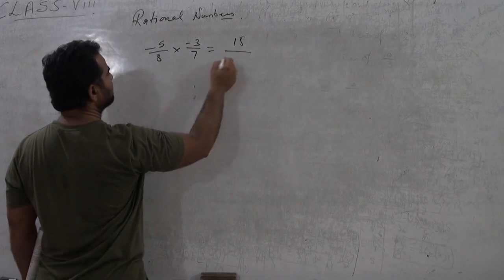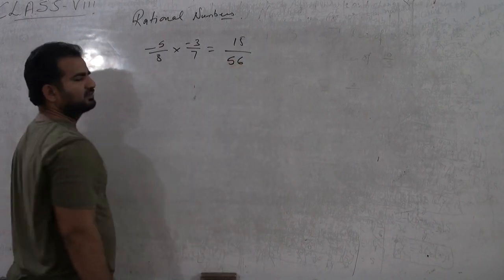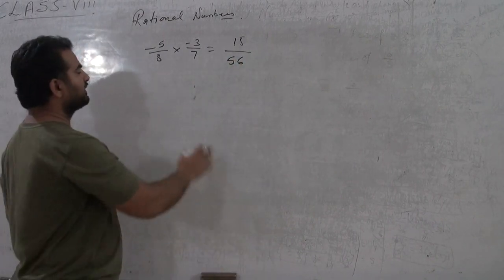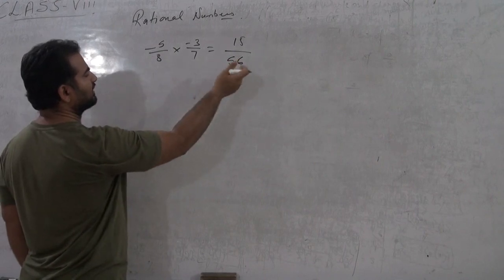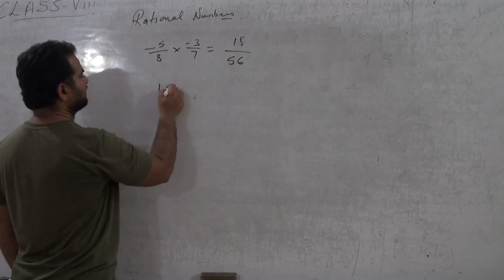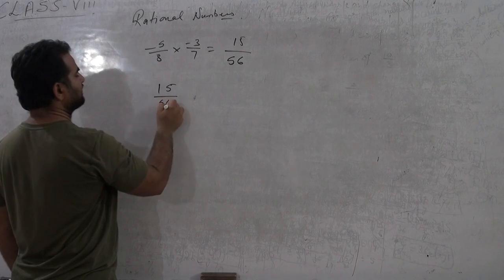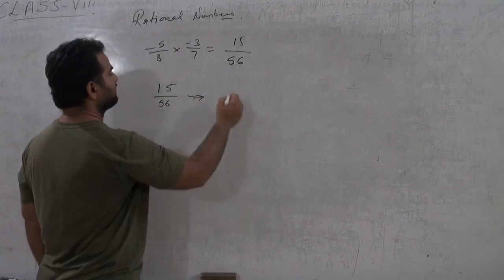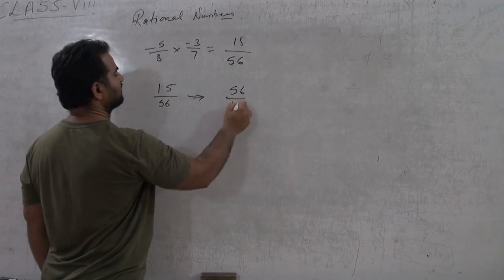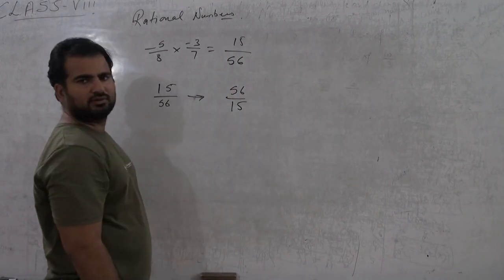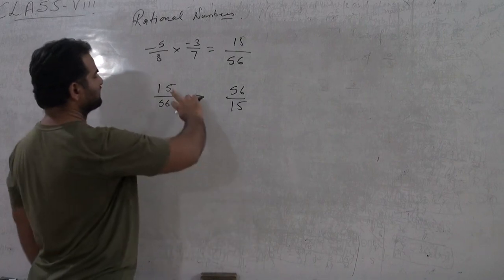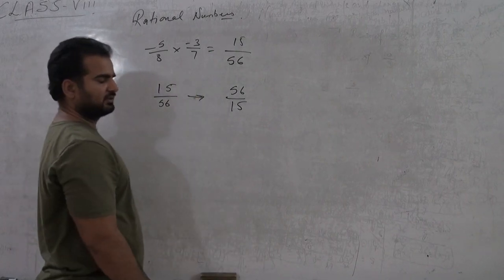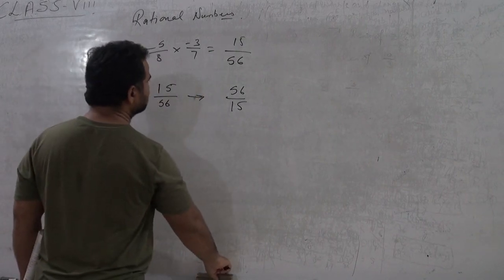And 8 sevens are 56. Done. Then we have to find the multiplicative inverse. So 15 by 56. Its multiplicative inverse is 56 by 15. Okay. Just reverse the digits, whether it is positive or whether it is negative.